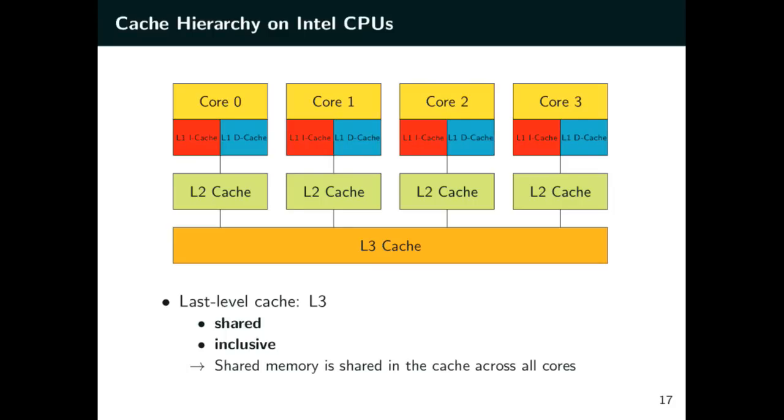And that also means that shared memory is shared in the cache across all cores. So we have no restriction on where the spy is with respect to the victim. The victim might be on core 0 and the attacker can be on core 3. It will not be a problem thanks to this inclusive property.